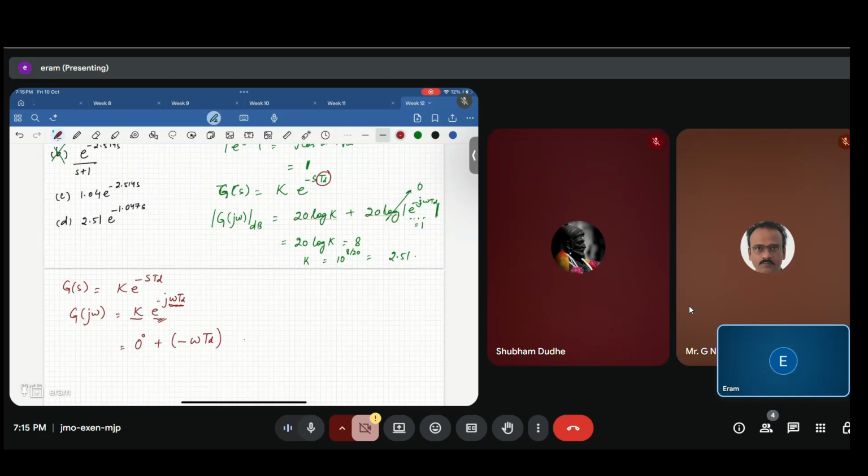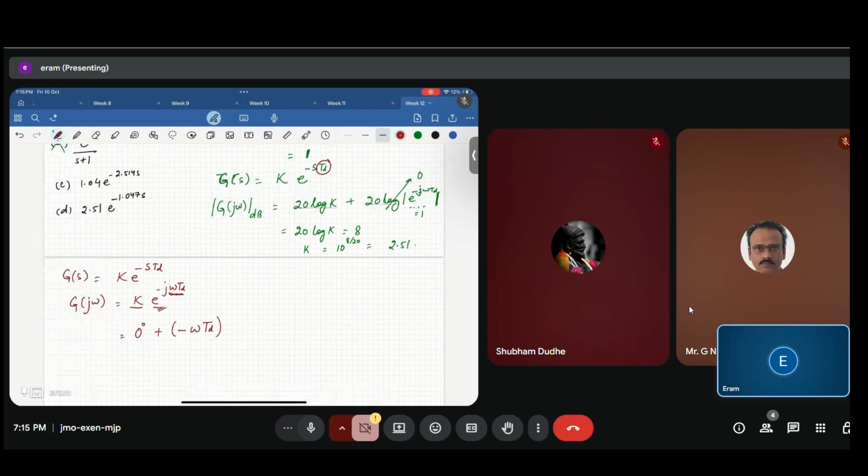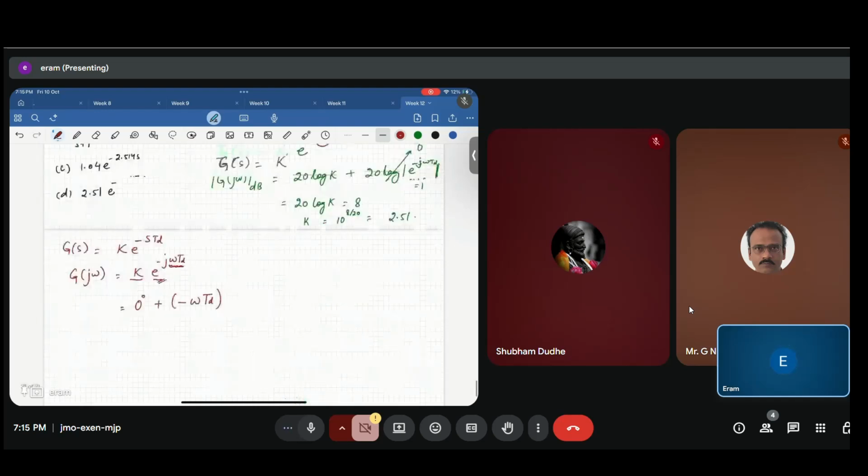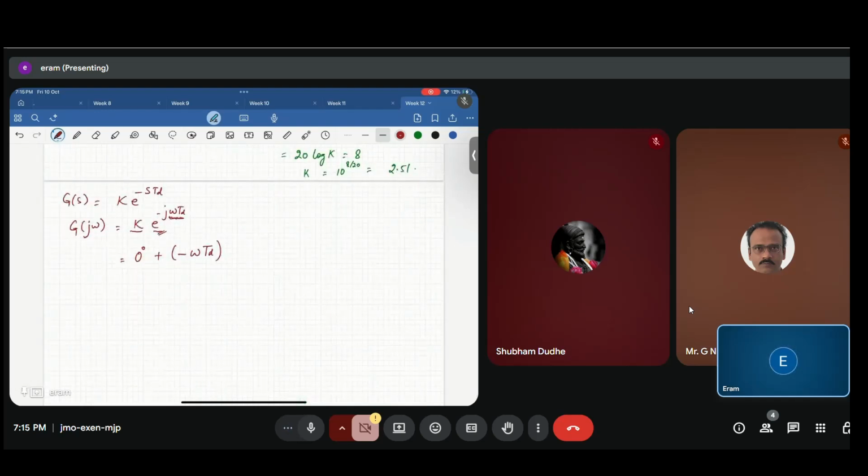And this is not given to us, but what we are given is that at omega equals 1, the phase is minus 60 degree. So this was G of j omega, and at omega equals 1 we have angle of G of j1 equals minus 60 degree.